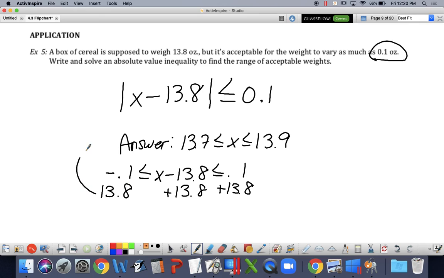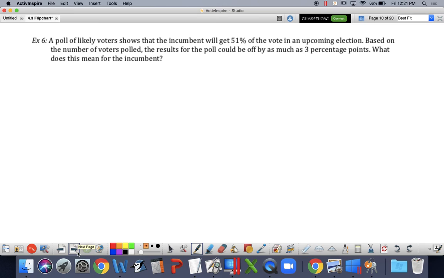And when I do that, lo and behold, I end up with the answer that we already had figured out before we had even started this process. That's why I definitely recommend, especially with these types of word problems, use your noggin. You just think it through. Don't get overwhelmed by the fact that I'm going to have you write an equation as to what that represents as an inequality. Let's look at the second word problem just to make sure we finish it off.